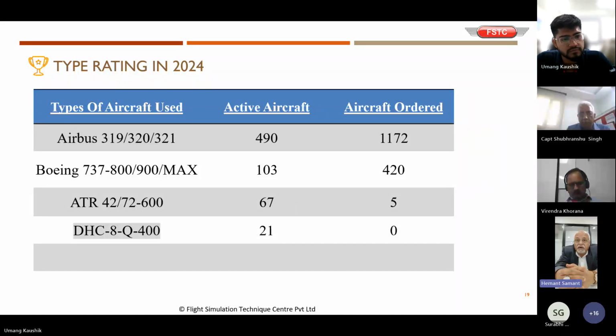So if you are trained on Airbus 320 and Boeing 737, you are a ready commodity. I don't say on 737 it will be forever, on 320 it will be forever. This is a sort of yo-yo that keeps happening. There was a time when there were no takers for Boeing, especially after the 2 MAX crashes.